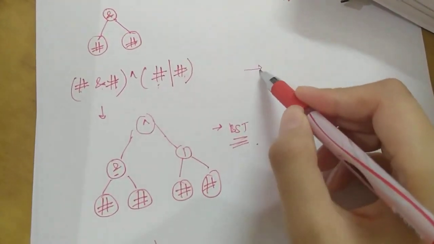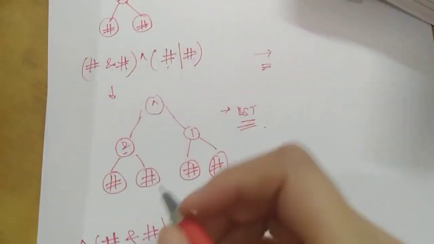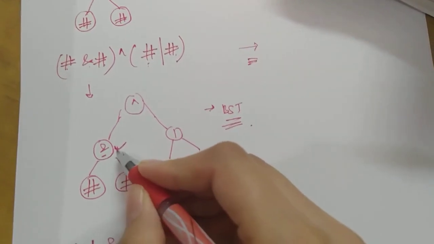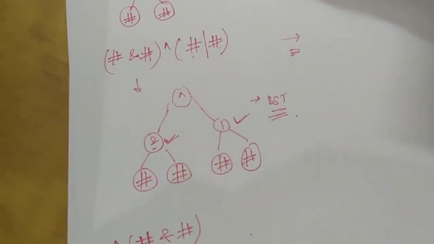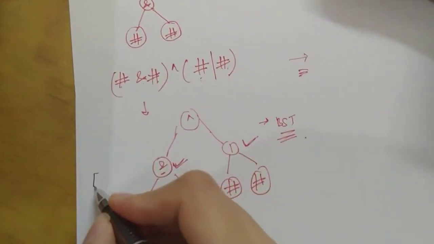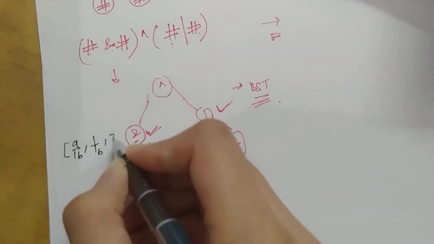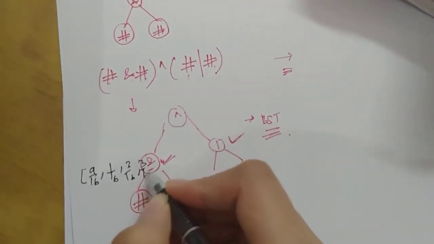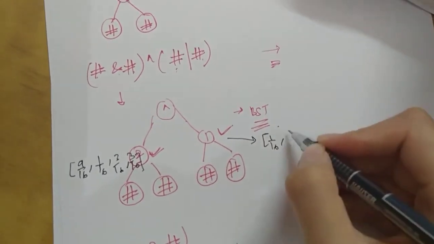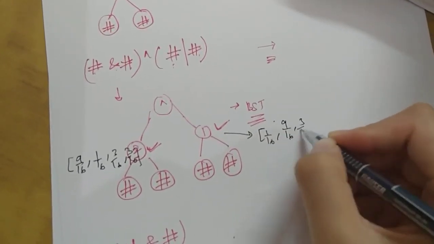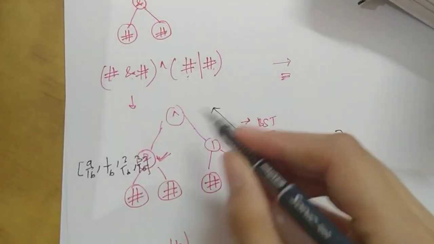For this, we can evaluate up to this point easily. We have found this to be 9 by 16, 1 by 16, 3 by 16, 3 by 16. And for this we found it to be 1 by 16, 9 by 16, 3 by 16, 3 by 16. From this we need to evaluate this.